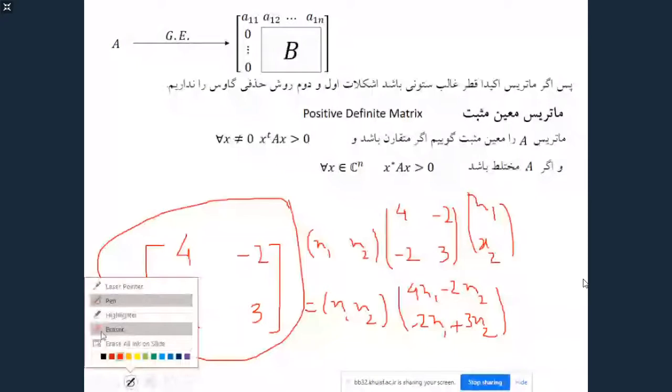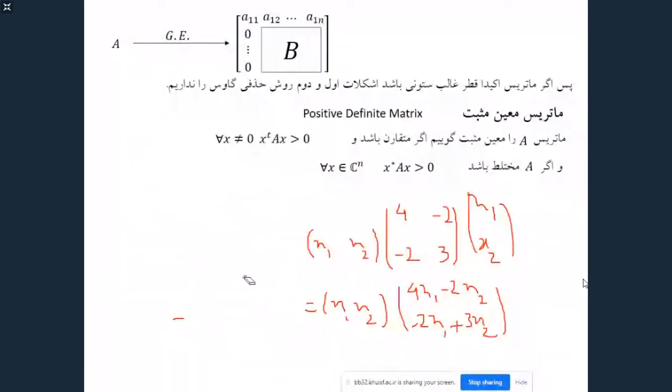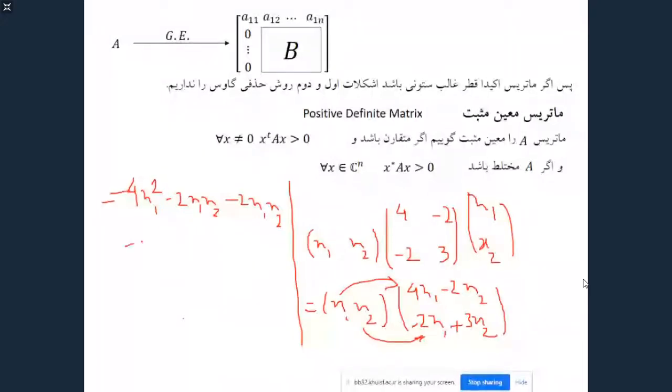That is 4x1 squared minus 2x1x2, minus 2x1x2, plus 3x2 squared.